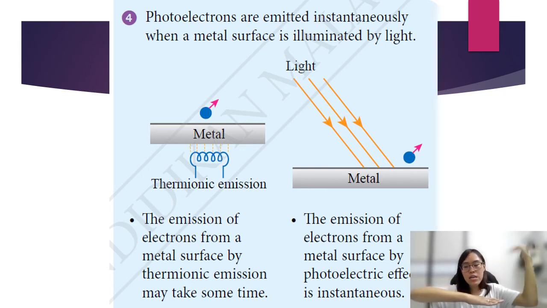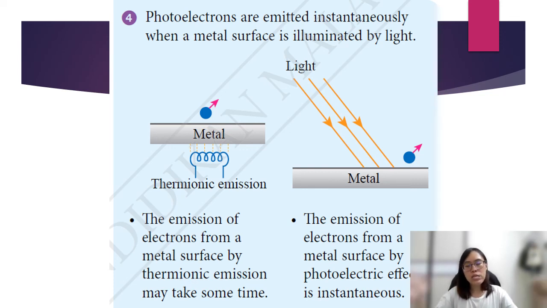However, for light in the photoelectric effect, as long as the light that illuminates the metal surface exceeds the threshold frequency of the metal, the electrons are able to escape already. That's why it is instantaneous.